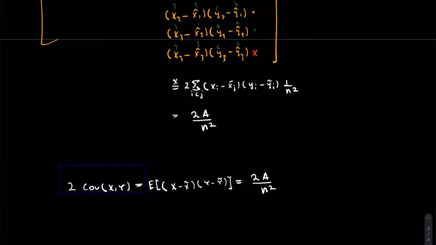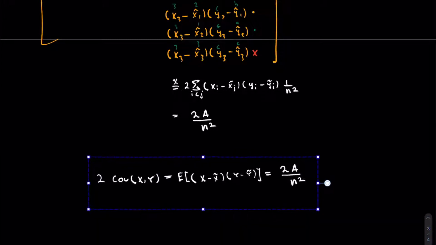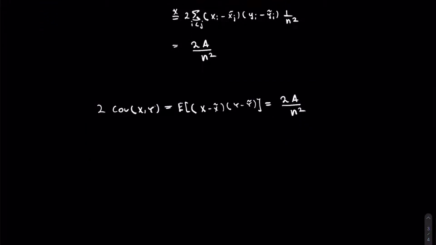And essentially then this implies that 2 times the covariance of x and y is the same as 2A n squared, and we can drop the 2's obviously.